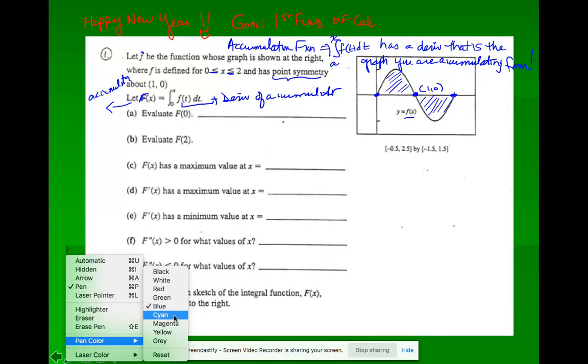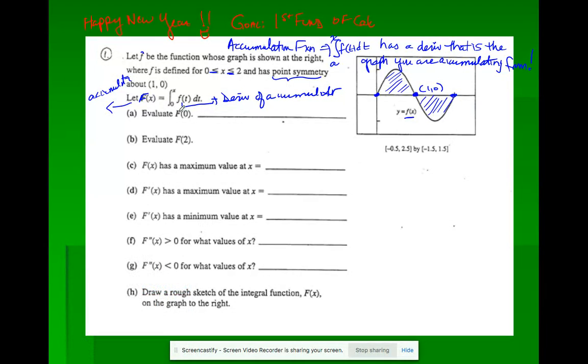So as I scan each one of these problems, note that for A and B, I am just doing integrals. Calculate integrals. But for capital F, capital F has a maximum value.